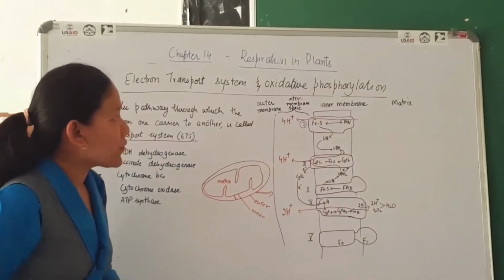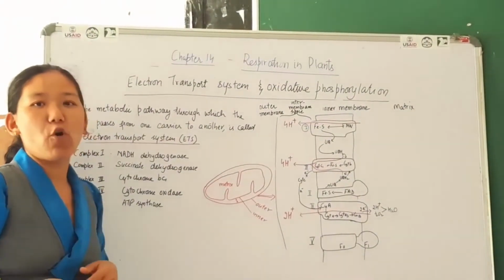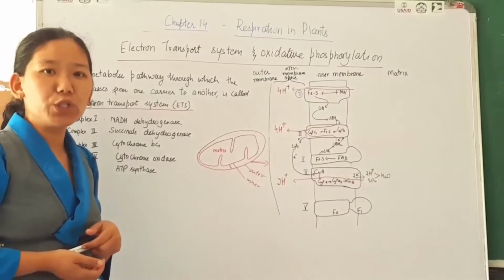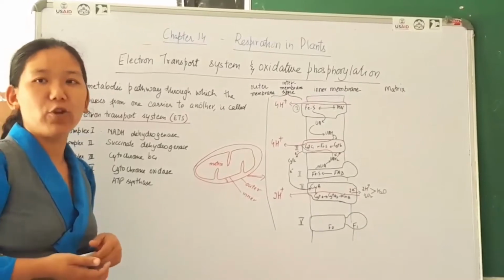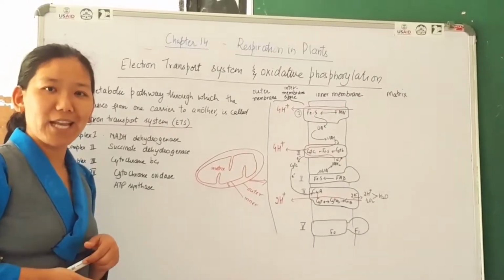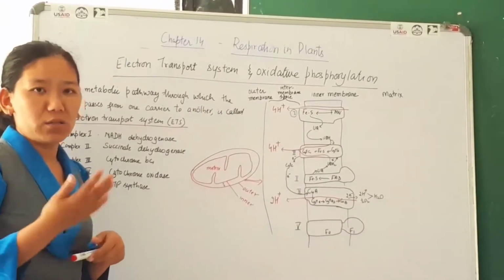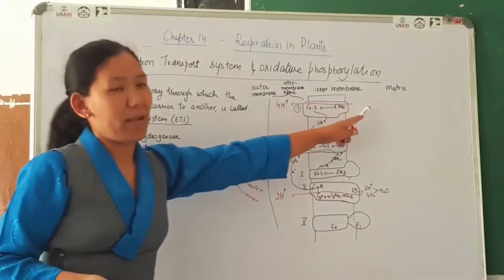For the transfer of electrons there must be a donor of electrons, and as we have already seen, NADH and FADH2 are produced during glycolysis and the Krebs cycle. In glycolysis there is production of NADH, and in the Krebs cycle there is production of NADH and FADH2 in the matrix.